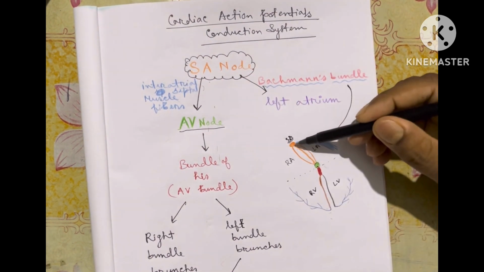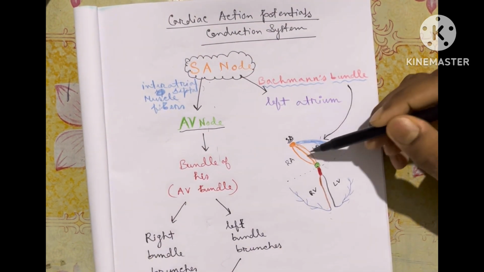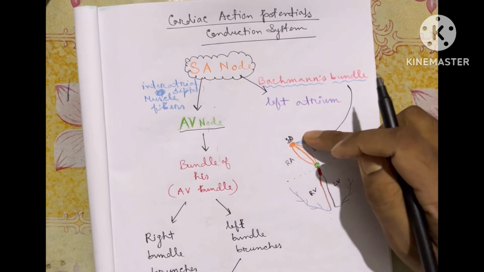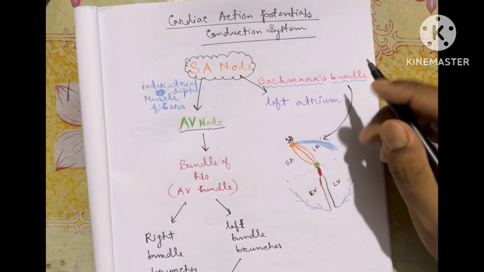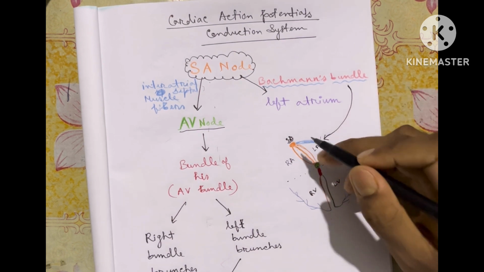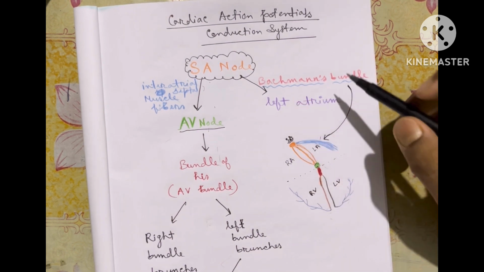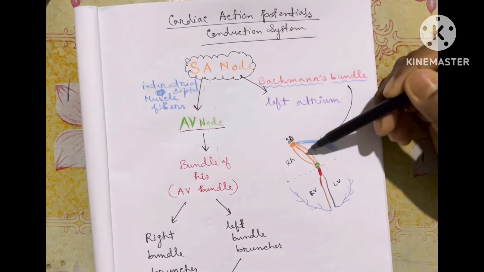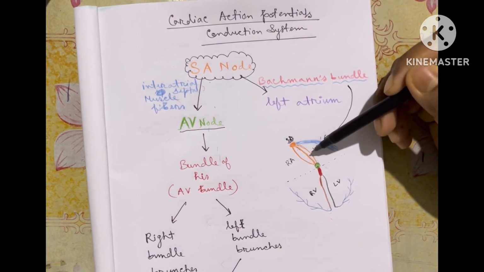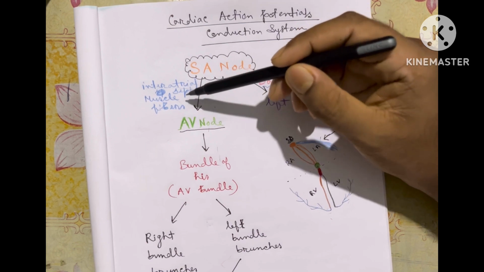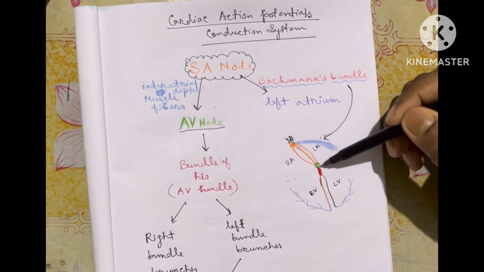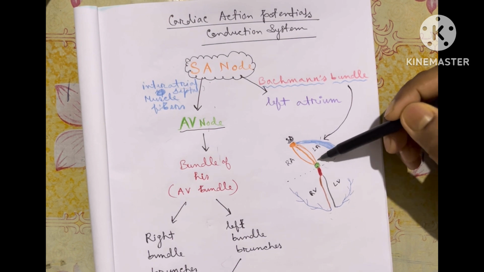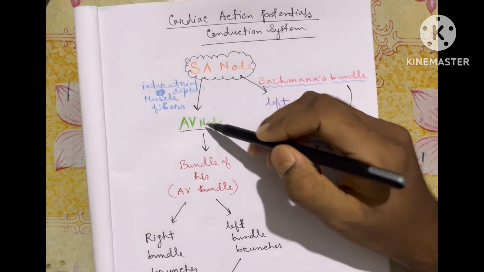Since this is between the two atria, in the middle we call it the interatrial septum, and the muscle present at the septum is called the interatrial muscle. A few conducting fibers are there, and those fibers are called interatrial septal muscle fibers. So from the SA node, the electrical signals come directly towards the AV node via the interatrial muscle fibers.